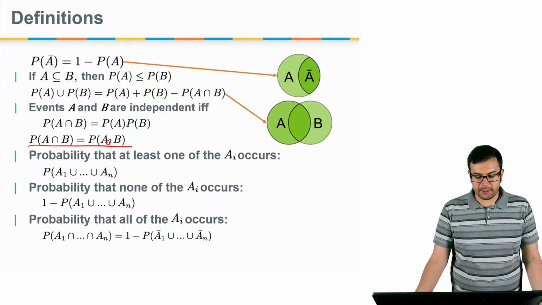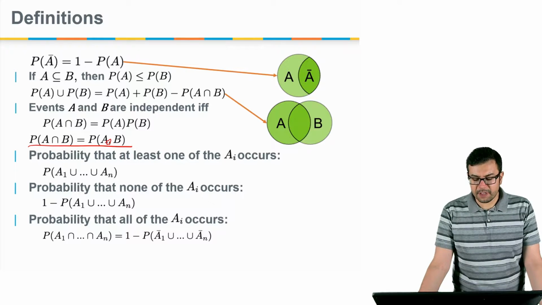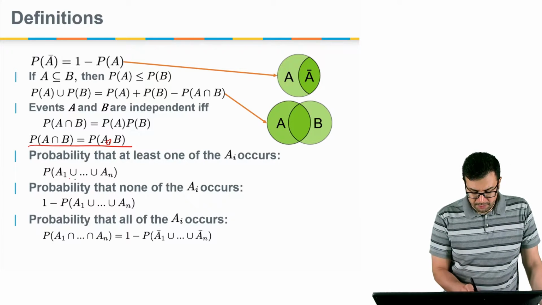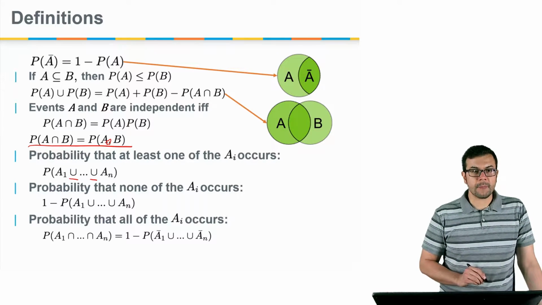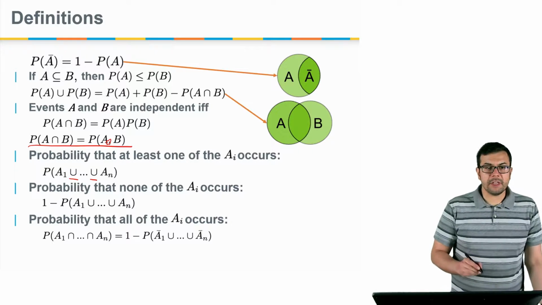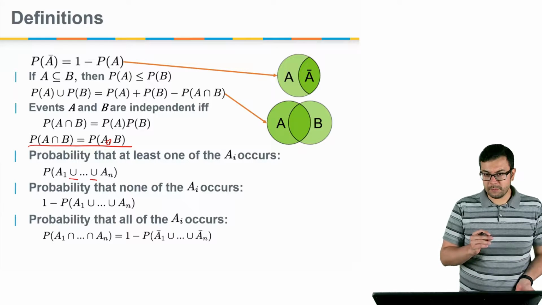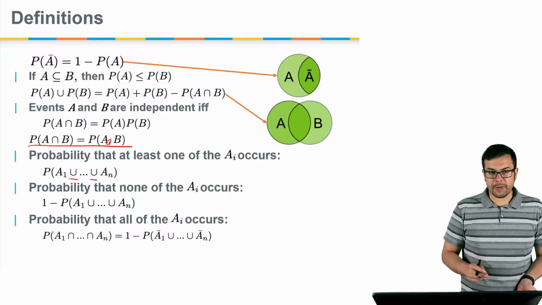If we want to calculate the probability that at least one of the events occurs in a sample space, we have to calculate the probability of the union of all those events. Similarly, if we want to calculate the probability that none of those events happen, we have to subtract that from 1.